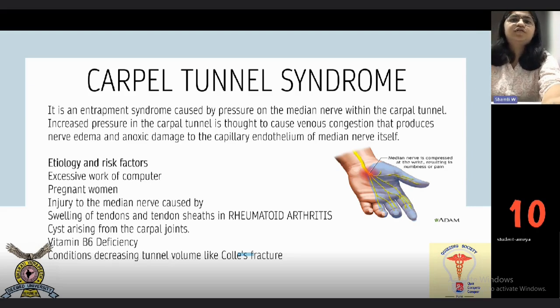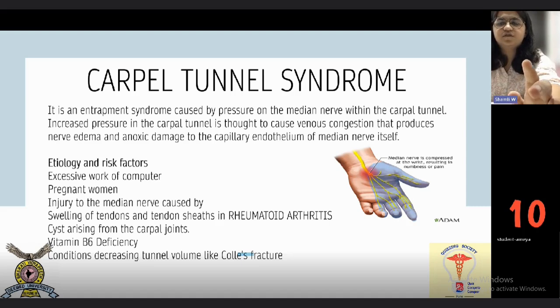The etiology and risk factors are as follows. Excessive work on the computer, like people who use the mouse, their wrist is always bent. That shouldn't be the case. We should make sure that the wrist is always straight and the hand should be straight if you are working for a longer time on computers. It is also commonly seen in pregnant women.